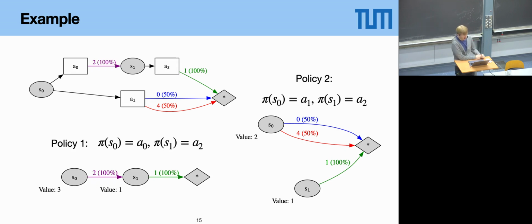And what do reinforcement learning algorithms do now? They take a look at these values, see that policy 1 has higher values than policy 2, and then they decide for policy 1. So this is how reinforcement learning basically works out. Of course, the problems are larger scale, but the basic idea is exactly that one.